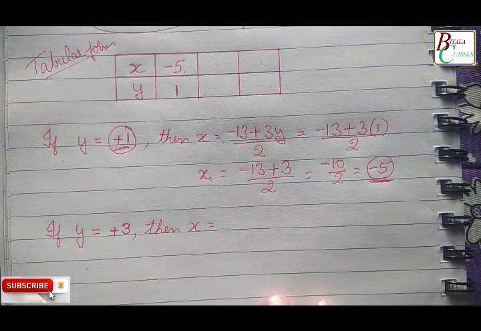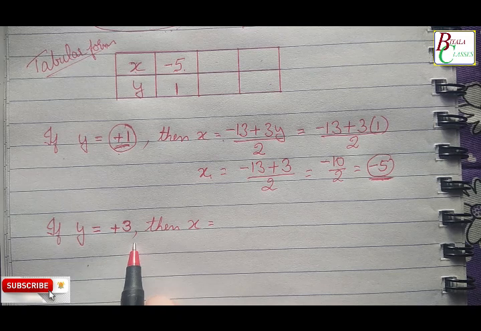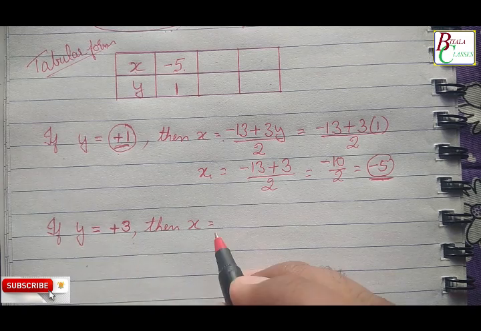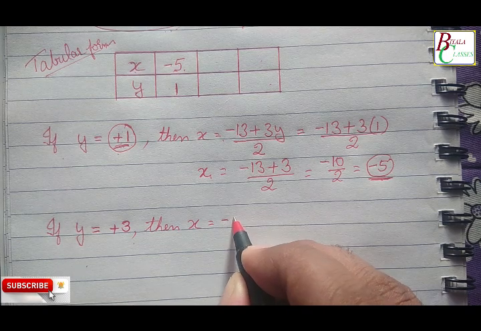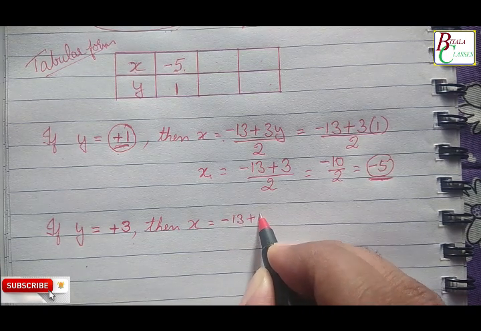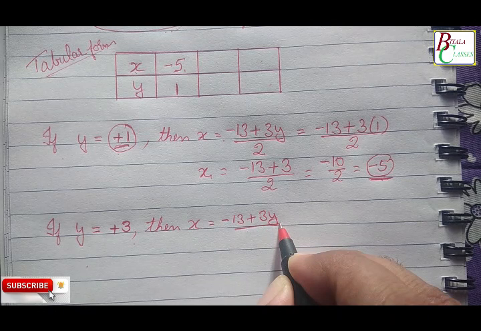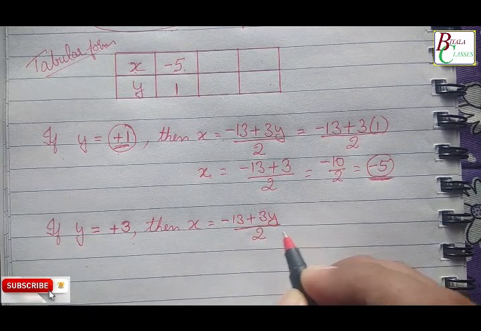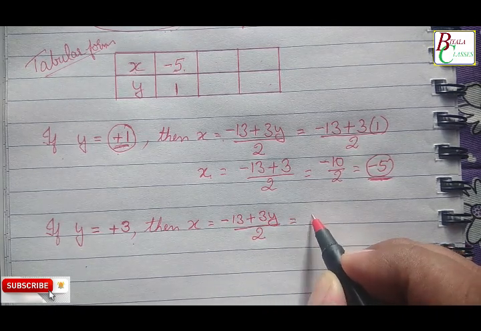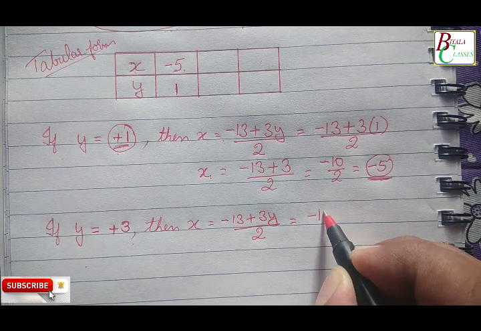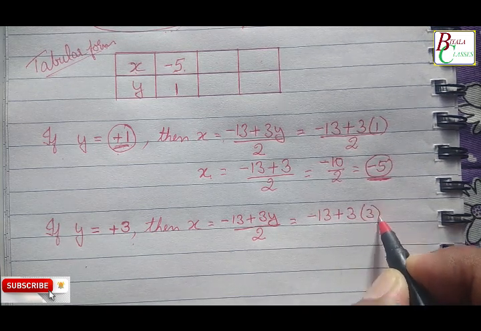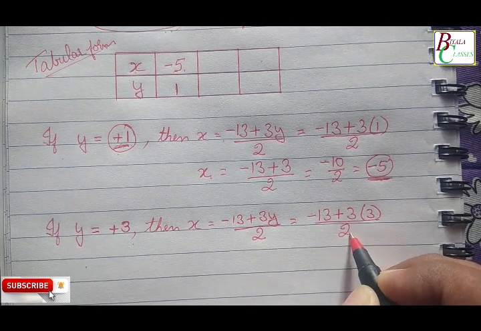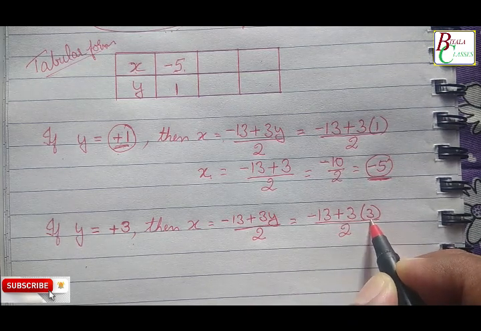For the second, I have taken y equals plus 3. If you take y equals 3, then x equals, what was it? It was (minus 13 plus 3y) upon 2. So substituting the value of y as 3, we get (minus 13 plus 3 multiply 3) upon 2, because y is 3.